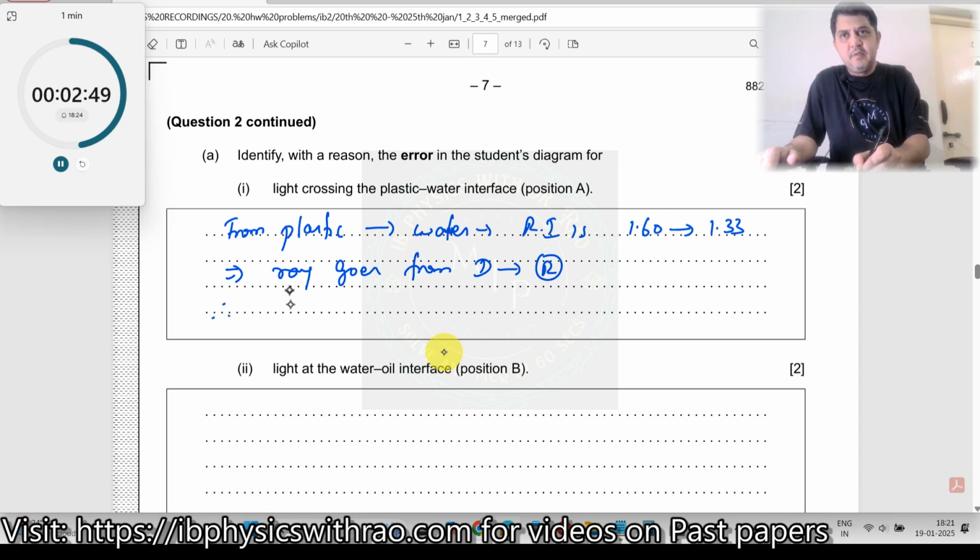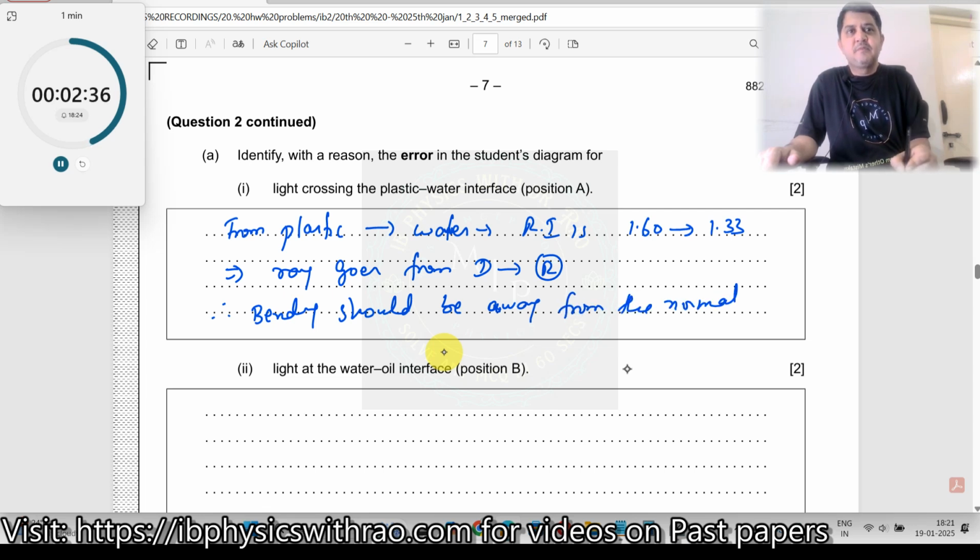Therefore, the bending should be away from the normal. So we have identified the mistake and put the reason over here.